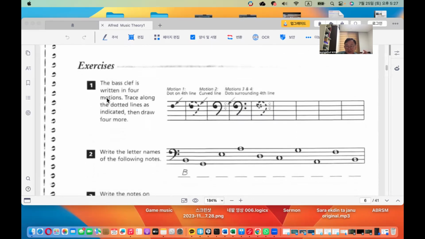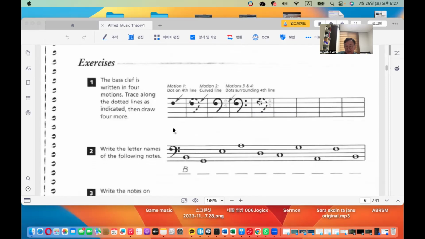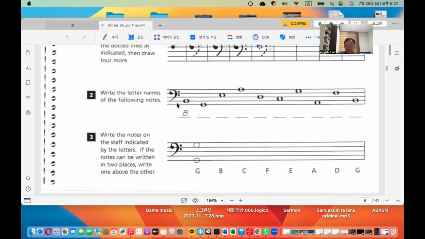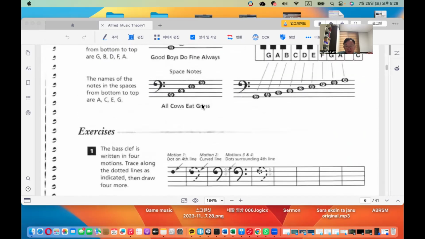So exercise 2-1, you need to draw the bass clef. Motion 1 is like this. Motion 2, a dot and a curved line. And then motions 3 and 4 are two dots in here. So the bass clef has line 1, line 2, line 3, line 4, line 5. How to remember?